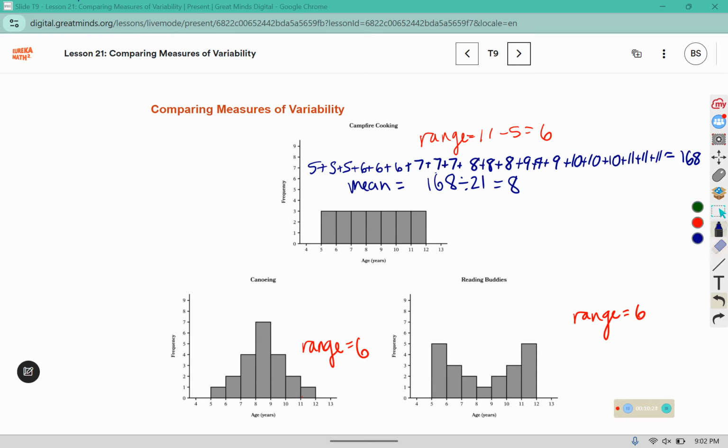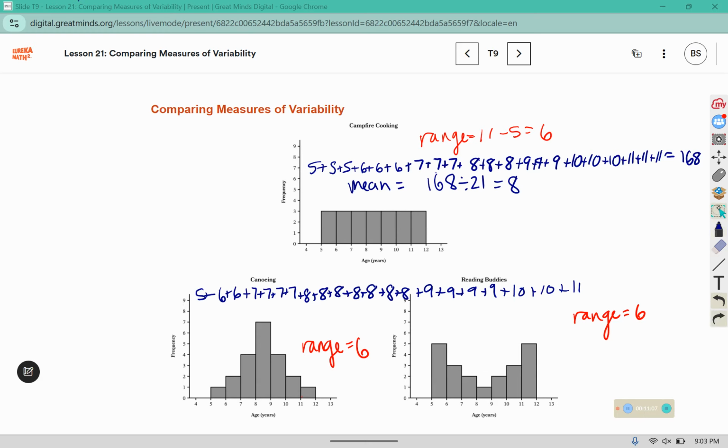Let's do the same type of thing for the other two. Here I have 1 5, 2 6s, 4 7s, 7 8s, 4 9s, 2 10s, and 1 11.